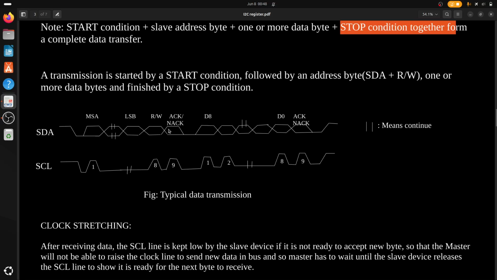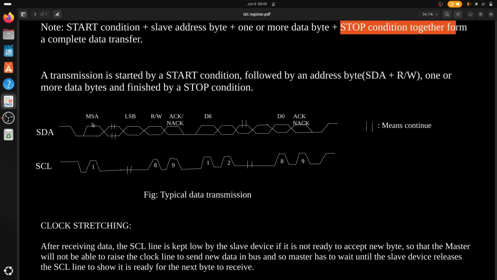Here the start condition is there. Start condition is when the SCL line is high and the SDA line is going low. This is the start condition, and this is the MSB to LSB address. The address bits are counted as 7 bits, from 0 to 6.